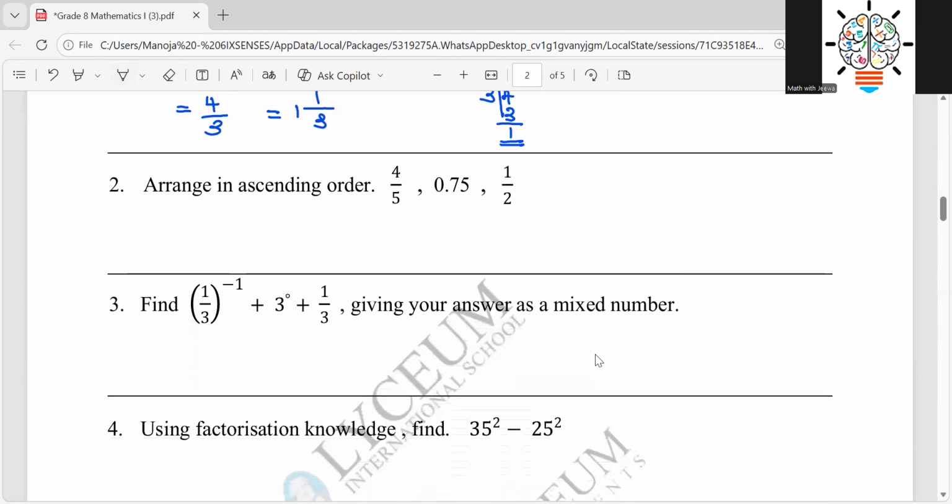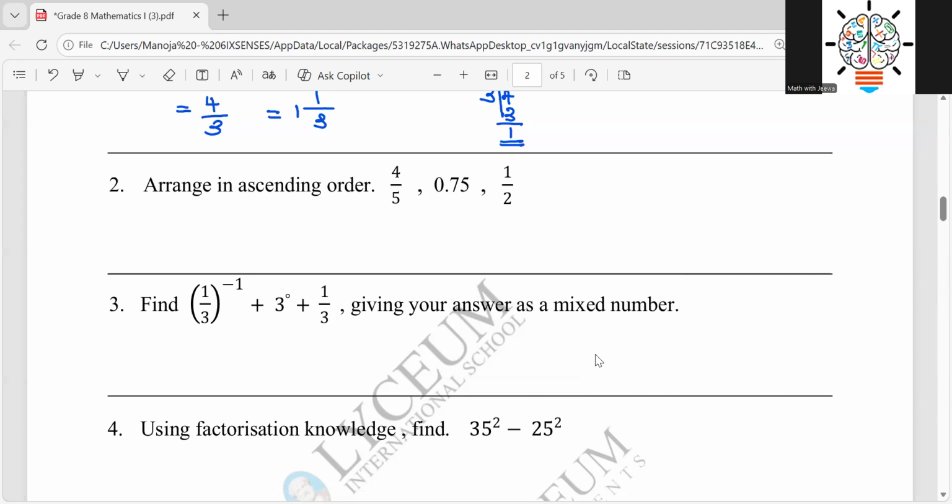You want to arrange the given numbers in ascending order. To compare or to arrange them in ascending or descending order, first of all, you want to convert them into a common format because two of them are fractions, the other one is a decimal, right? So then the best thing you can decide, either you can convert 0.75 into a fraction and compare, or else you can convert the 4/5 and 1/2 into decimals and then compare.